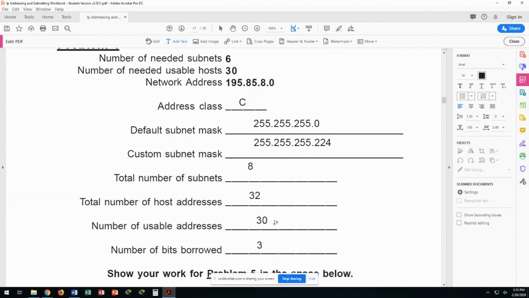So now I'm going to do one thing here. I'm going to do the usable ranges again. So we had 195.85.8.255. That was one network. So now we've got 8 networks. So number 1 is 195.85.8.0 to 195.85.8.31, because we got 32.